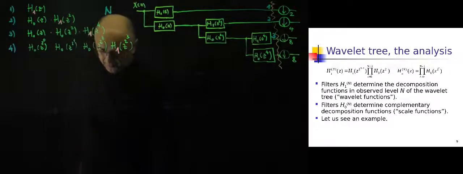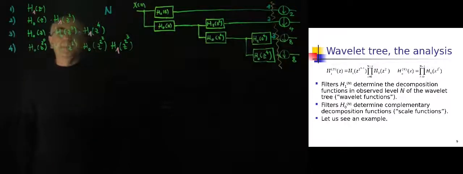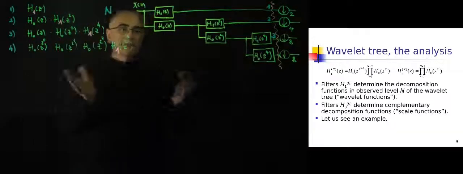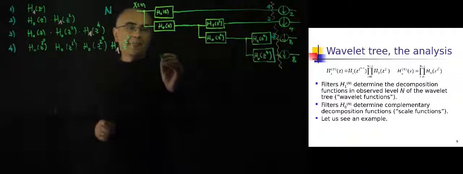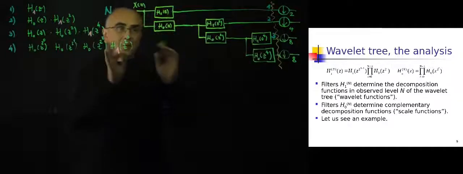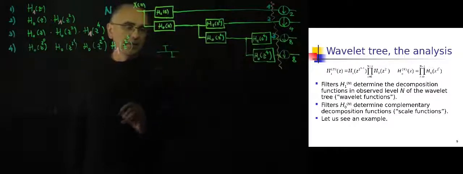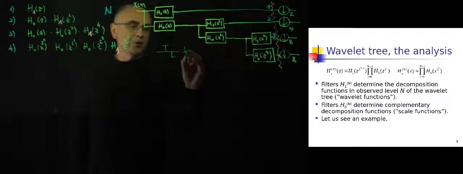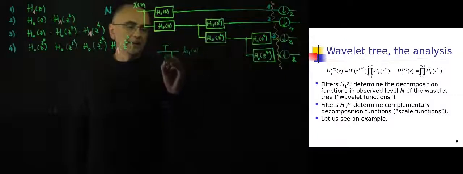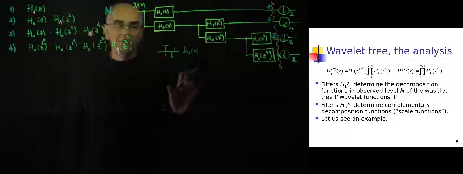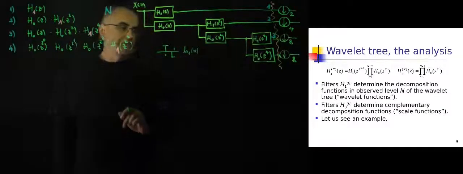My example on the board will be pretty simple. When we were talking about two-channel filter banks, the simplest possible high-pass filter was something like this, 1 and minus 1. That was H1 of n, the impulse response. I'm going to use the unscaled version, so it's 1 and minus 1.